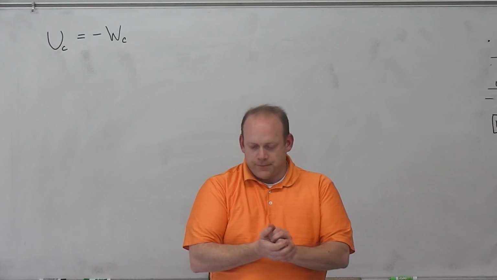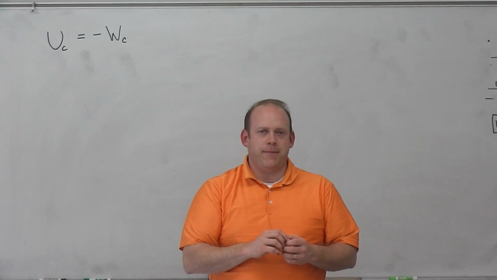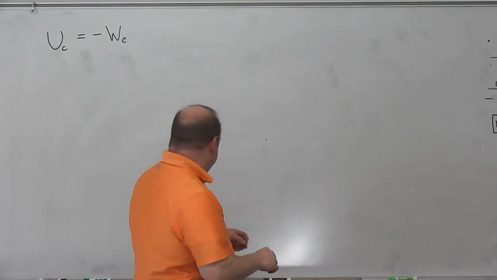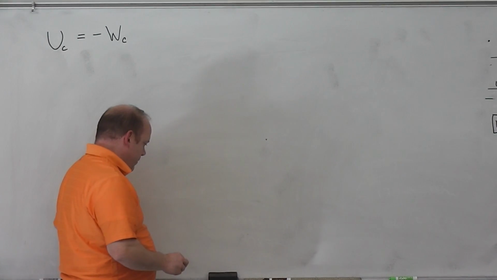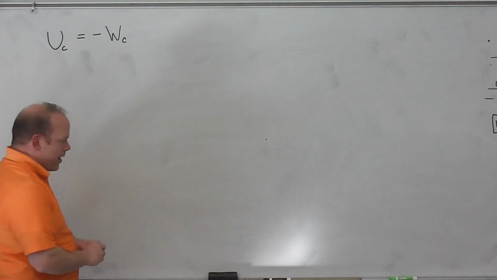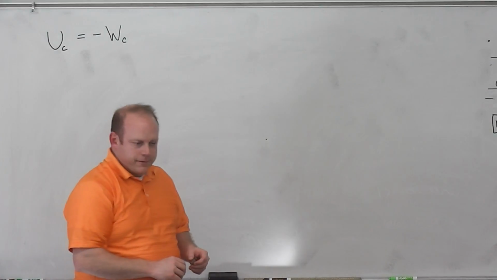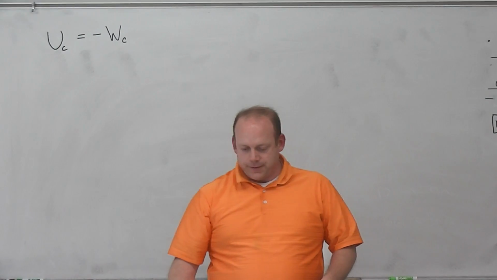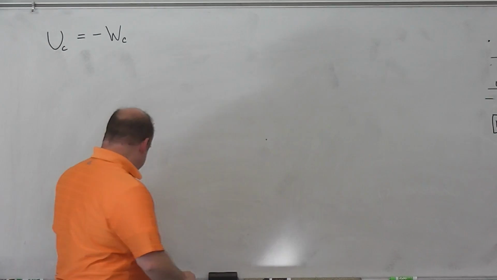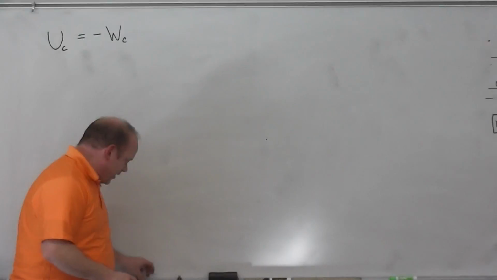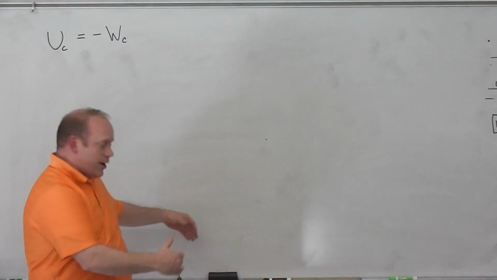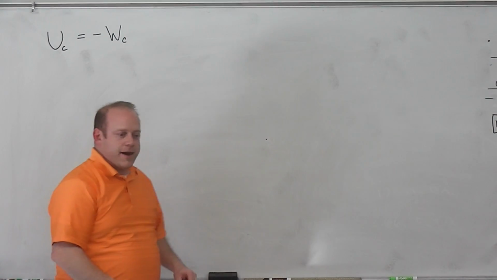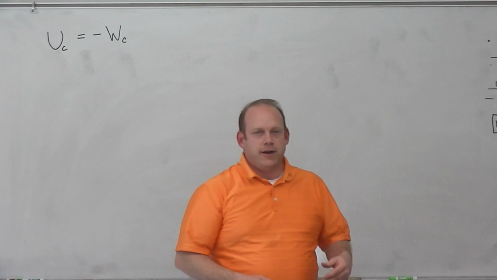Now, if I were to take that same mass and try to slide it, let's see if I can get something that's big enough here. Okay? If I were to take the same mass and try to slide it across the wall here, as it slides across, it comes to a stop. It doesn't come back and start picking up speed again. Friction is not a conservative force.